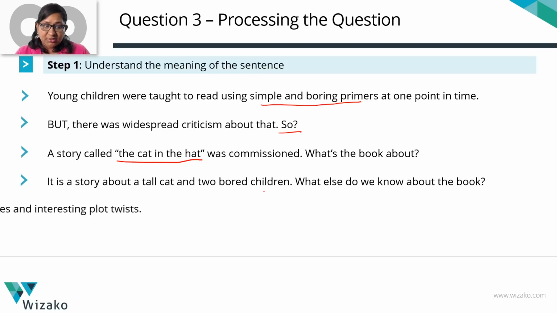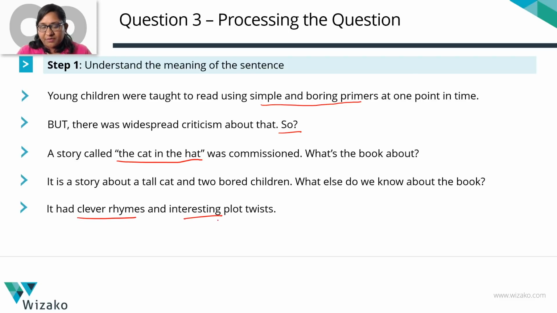We also know that it used clever rhymes and interesting plot twists, which is probably reasonably important information here because we're trying to contrast The Cat in the Hat, which was clever and interesting, with the simple and boring primers that were used till then. So they wanted a book which was different from the books that were used to teach children to read at that point in time. And so The Cat in the Hat was commissioned. This is the meaning of the sentence.